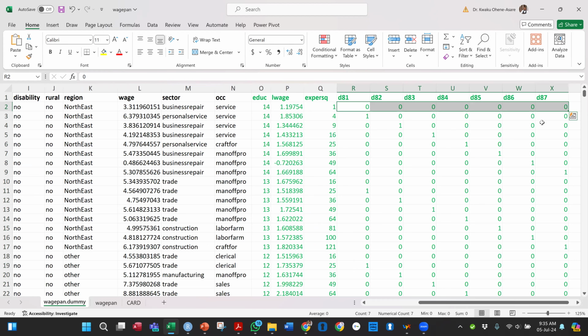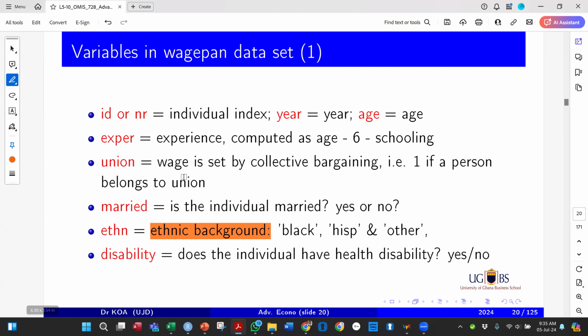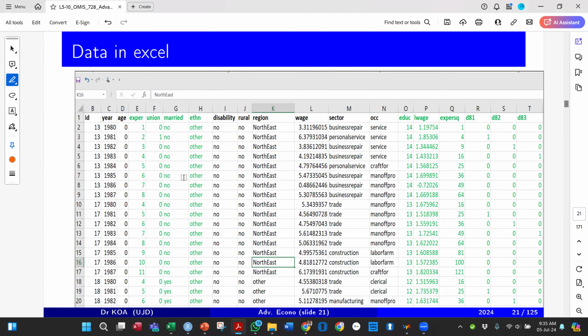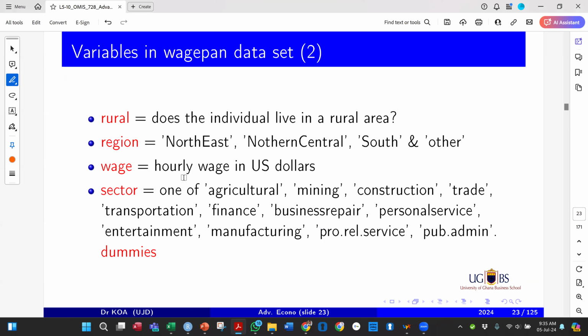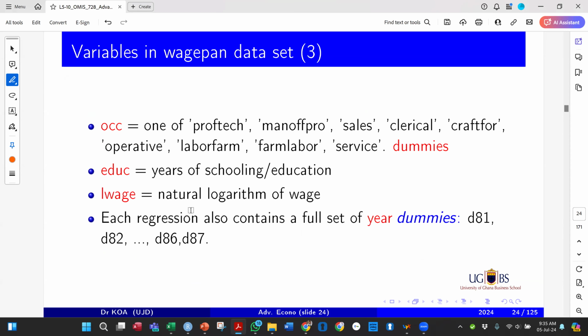But for 1981, for this first guy, that guy was there, so the dummy value is present. And for 82, you see that it's present, and on and on. So that's a bit of a feel of the data set. There are other things, but these are the main things of the data set. Now, when you look at the original data set, there are a lot of sectors that are involved.